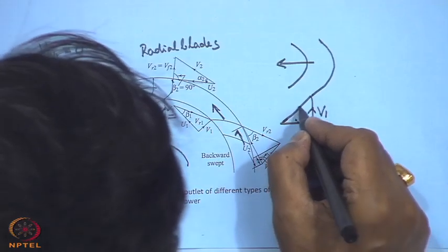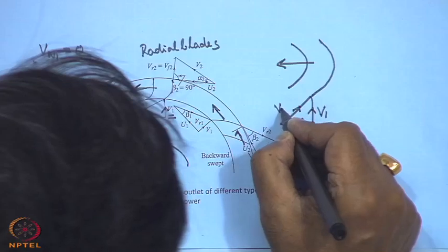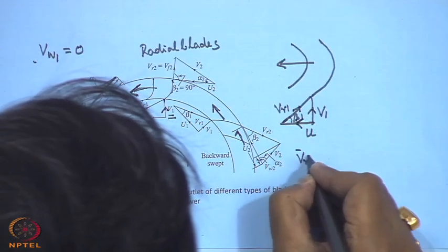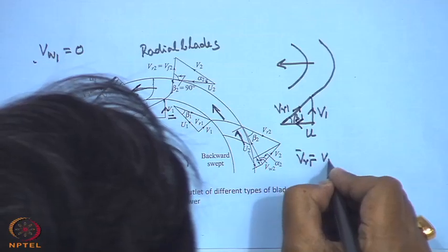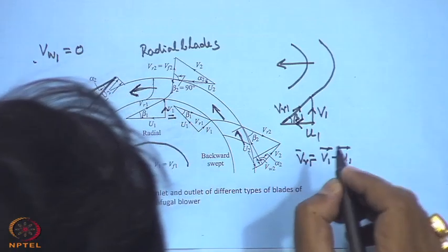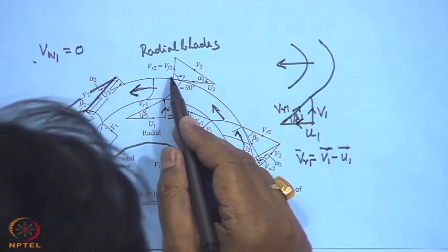This is VR1, and this is the u, this is beta 1. VR1 is equal to V1 minus U1, because they differ, it is a radial flow machine, radially outward.